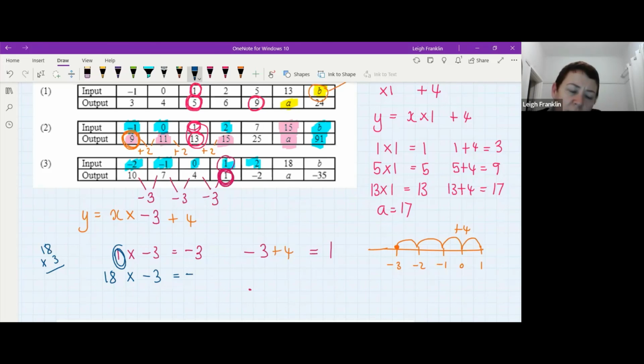So 3 times 8 is 24. So I'm going to put down my 4 and carry my 2. 3 times 1 is 3 plus 2 is 5. Okay, but if I'm multiplying a positive number with a -1, the sign of my outcome has to be negative.